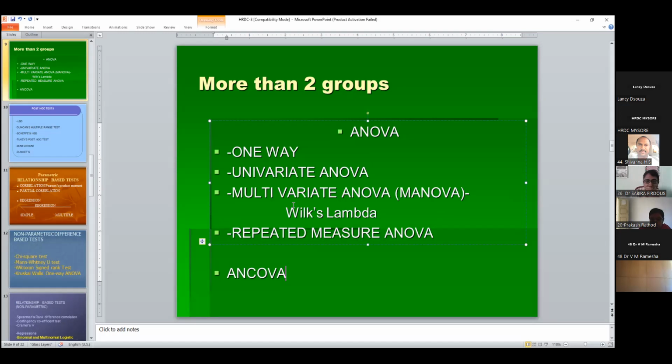So if you are employing MANOVA, see to it that you are using Wilks lambda for the overall interpretation of the analysis. So what is this Wilks lambda under multivariate ANOVA or MANOVA? A Wilks lambda is an overall index which provides information regarding the influence of all the selected independent variables over the selected dependent variables in a single index.